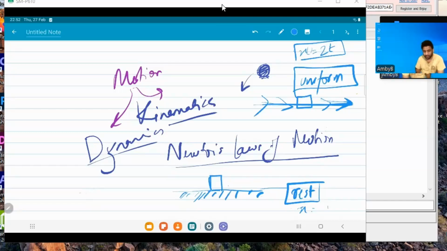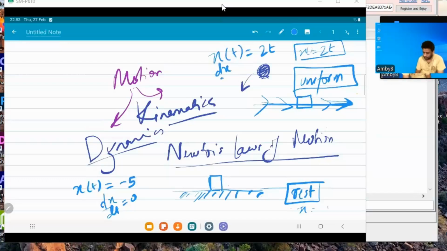In kinematics, x of t is equal to -5, let's say. Here x of t is equal to 2t. So what can you say? This is how the position is changing. Here the position is not changing, so dx by dt is equal to 0.